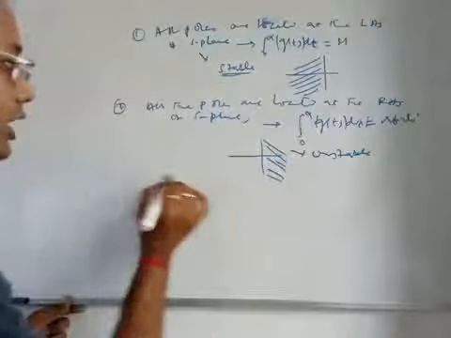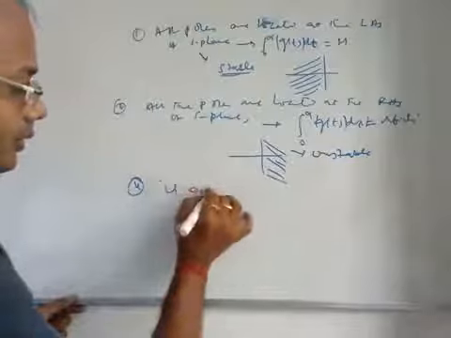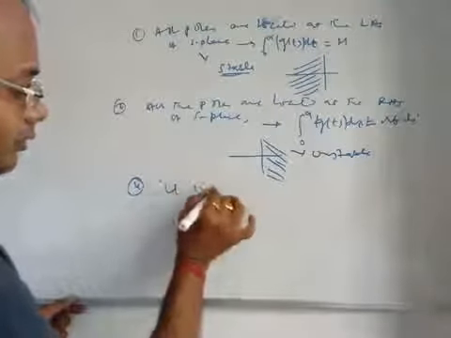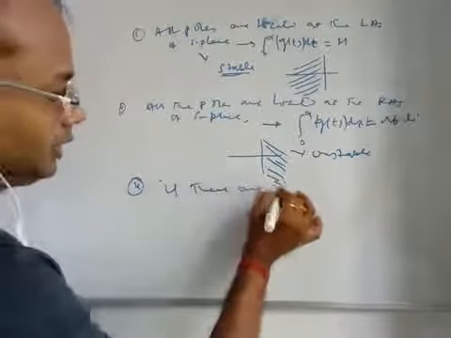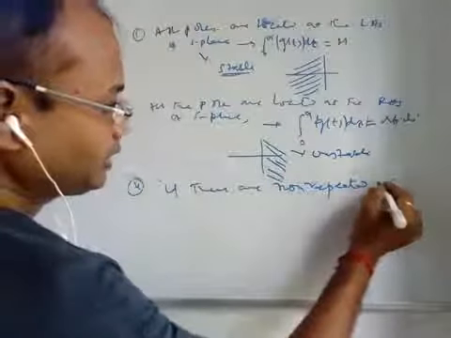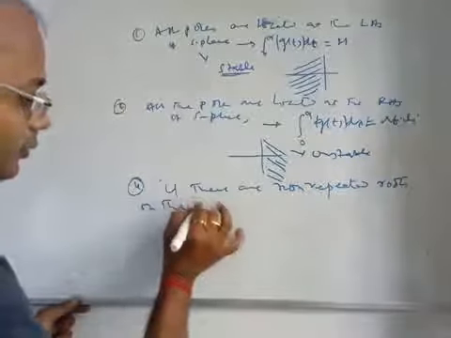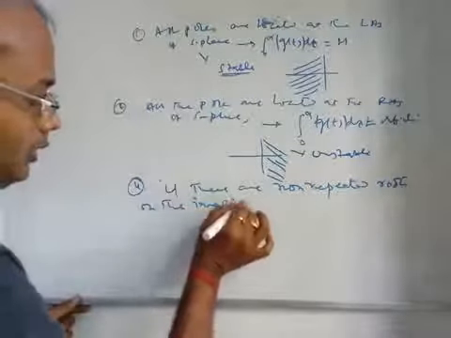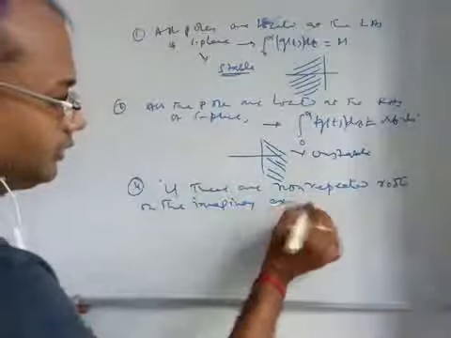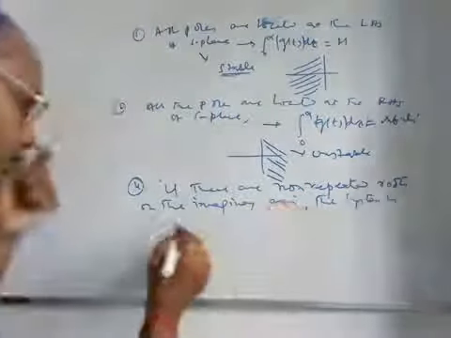And the third one is that if there are non-repeated roots on the imaginary axis, the system is marginally stable.